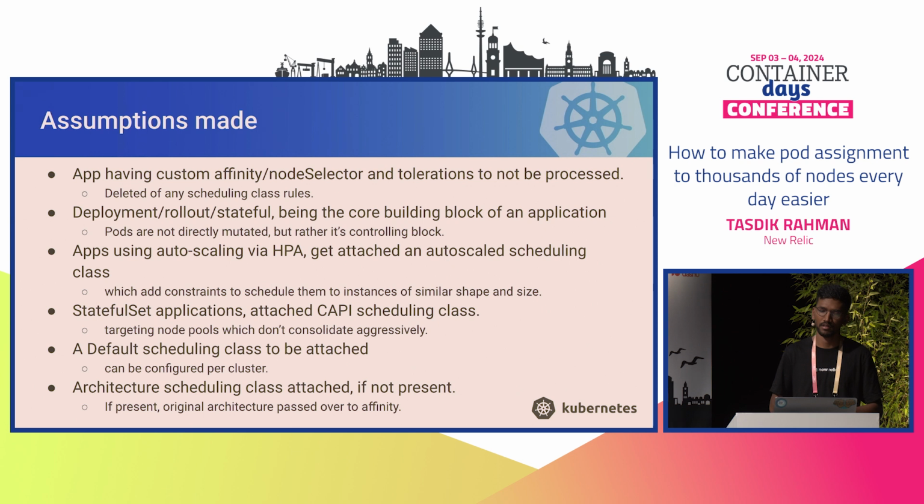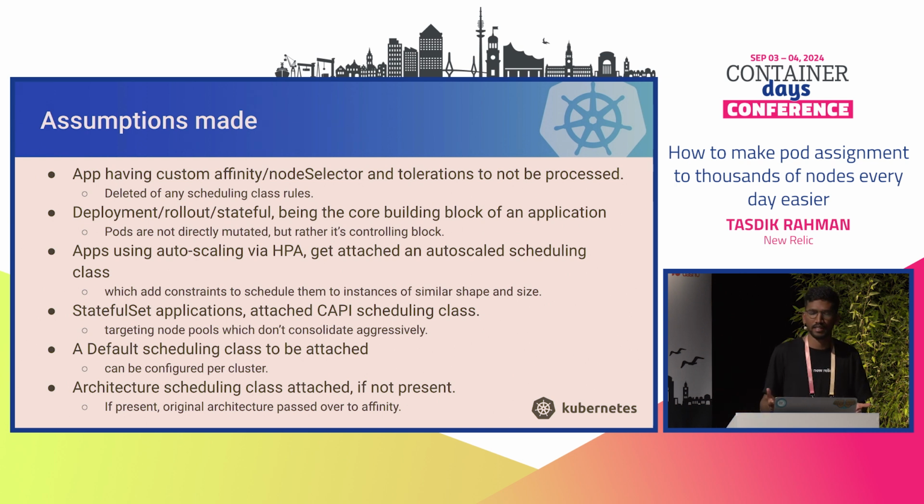So this assures us that there's nothing going wrong with the system. We use the core building blocks of an application, like deployment, rollout, and stateful set, for example. We don't directly mutate the pods, but rather the controlling block. Applications which are using auto-scaling via HPA get attached to an auto-scaling scheduling class.